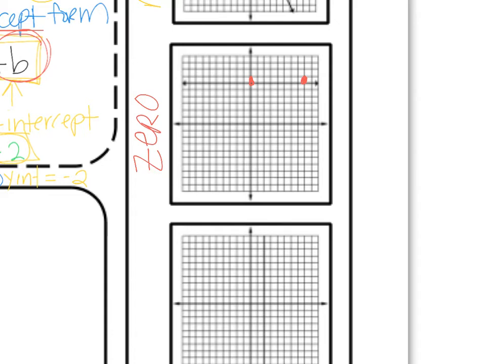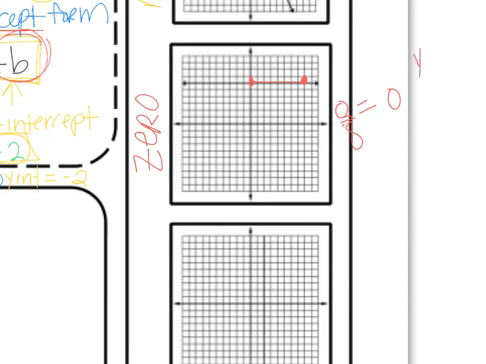Well, I go up and down 0. How much do I go to the right? 1, 2, 3, 4, 5, 6, 7, 8. There's 8 spots over. So 0 over 8 is 0. That's why this has a slope of 0.